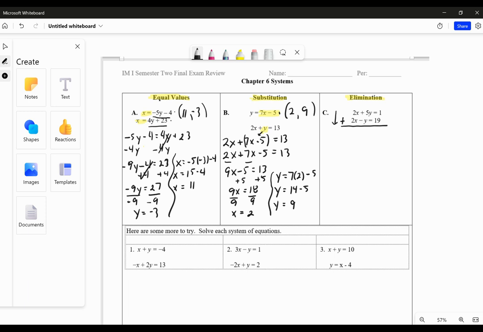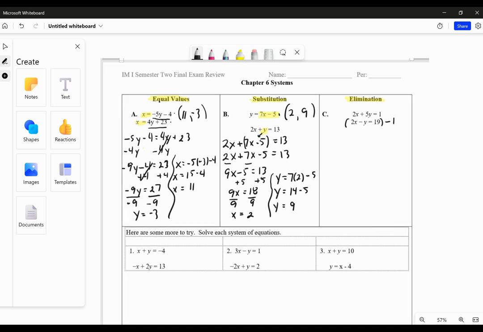So notice though, when I add the two equations together, none of them eliminate. And my whole purpose of this is to eliminate. So what I'm going to do before I eliminate everything is make one of these equations eliminate a variable. So I'm going to multiply the bottom one by negative 1. And you'll see why in a minute. So the top one I'm going to write the same.